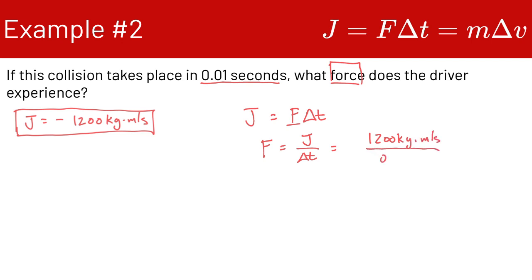Divide that by 0.01 seconds, and we end up with a force of 120,000 newtons. Remember, a newton is equal to kilograms meters per second squared. We have kilograms meters per second, and then we divide it by seconds, so that gives us seconds squared. So we have a force of 120,000 newtons acting on the driver. So a lot of force.